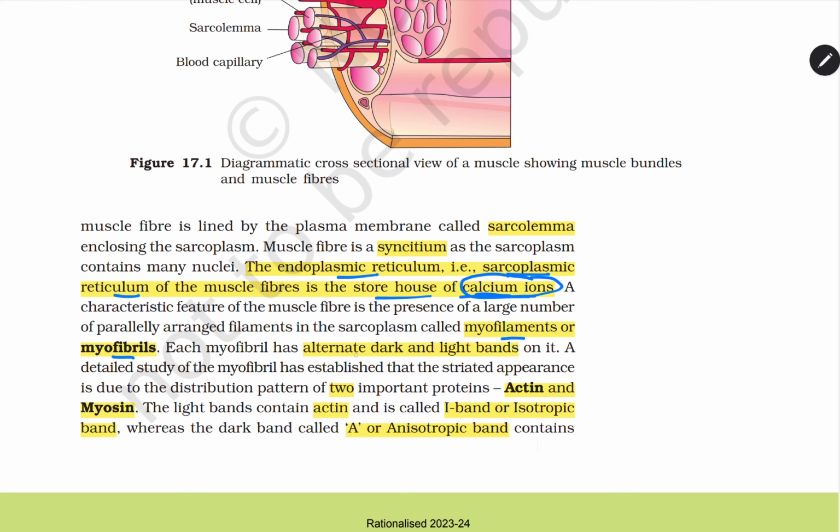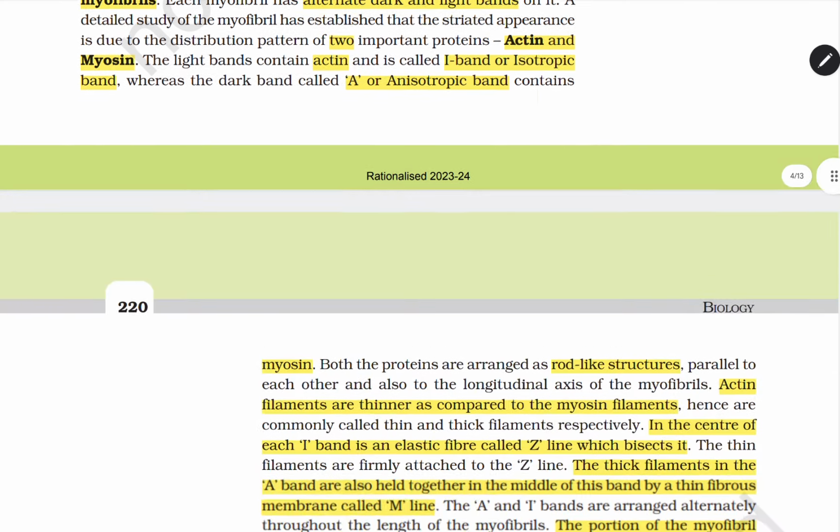Each myofibril has alternate dark and light bands, and there are two important proteins, actin and myosin. The light band contains actin and is called I band or isotropic band, whereas the dark band, the anisotropic band or A band, contains myosin.